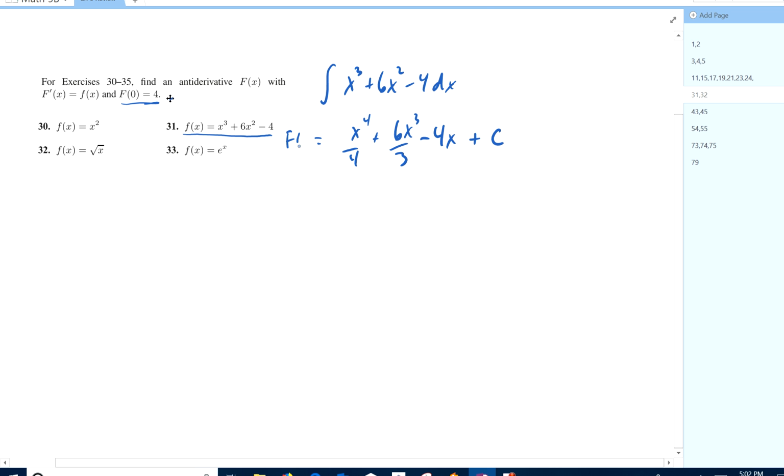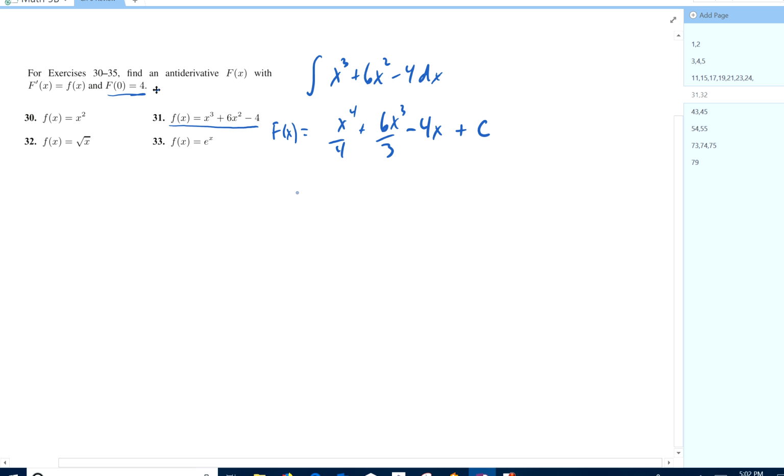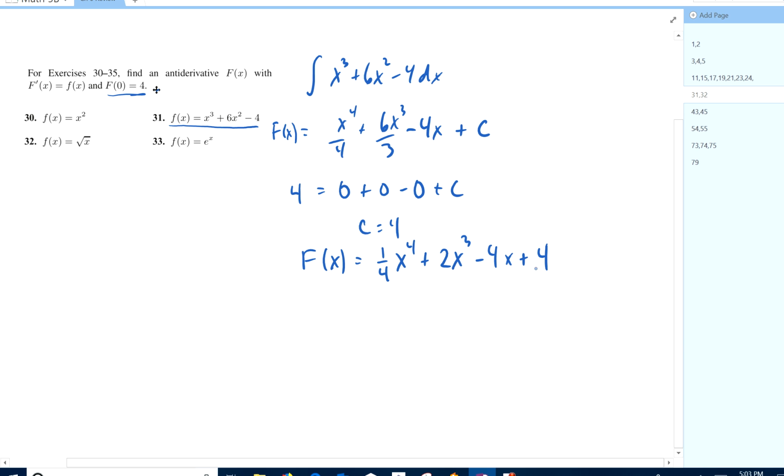So this is f of x. And when I plug in 0, I want to get 4 out. So 4 equals 0 plus 0 minus 0 plus c. So c equals 4. So my antiderivative is 1/4 x to the fourth plus 2x cubed minus 4x plus 4.